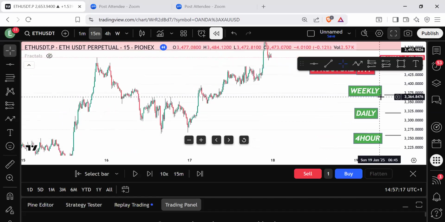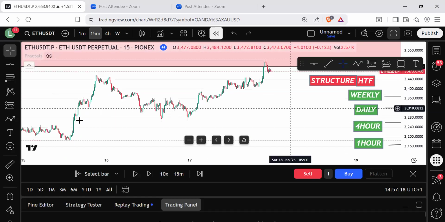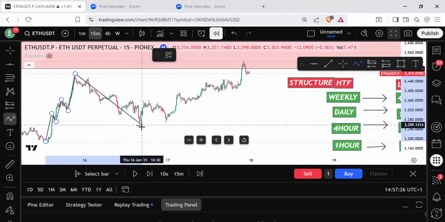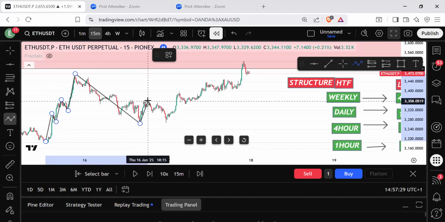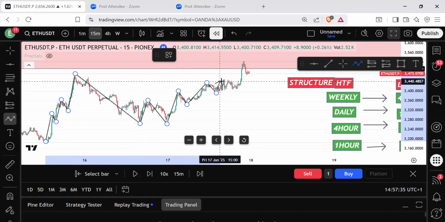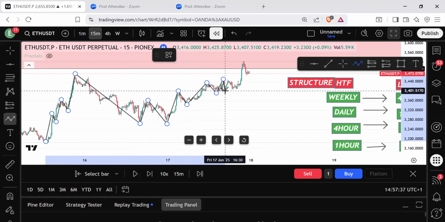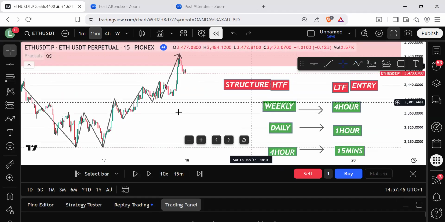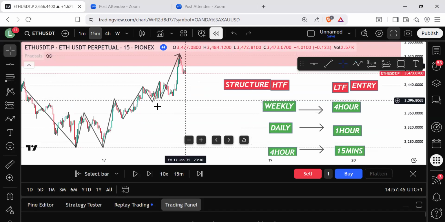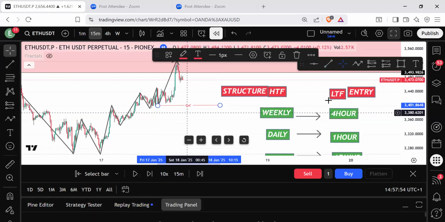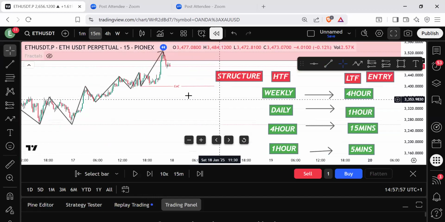First of all, let's mark the impulse move. So this is inducement, correction, then a new impulse. Remember, this now is not going to be inducement. It's directly a change of character. Price breaks it, so let's see what happens next.